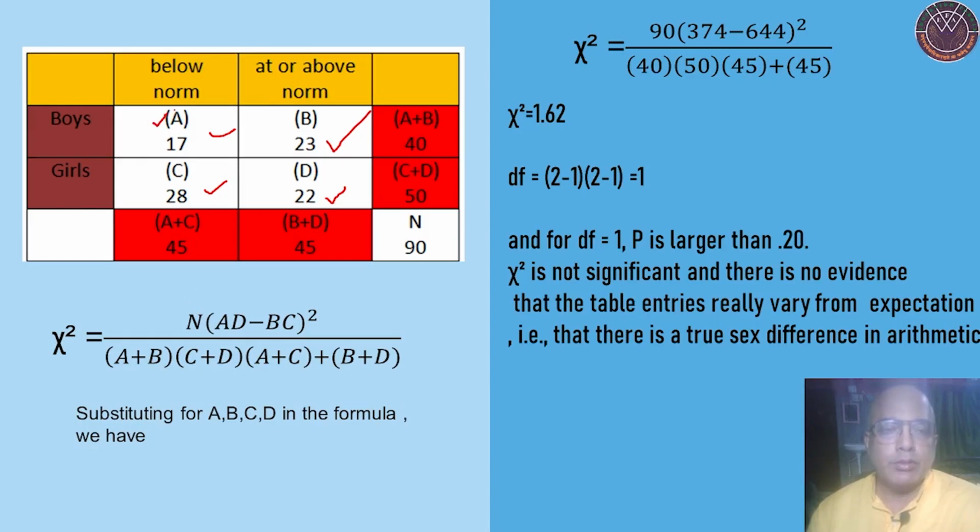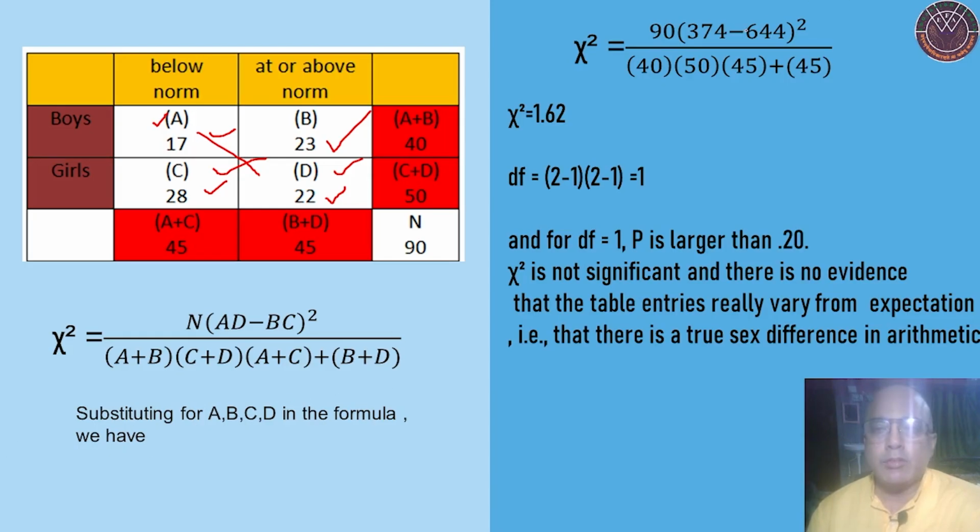You denote the cells as A, B, C, D, and then you don't have to find the multiplication of row into column divided by total. You just use this formula: N into (AD minus BC) squared, divided by A plus B, C plus D, A plus C, and B plus D. All these four will be in the denominator.